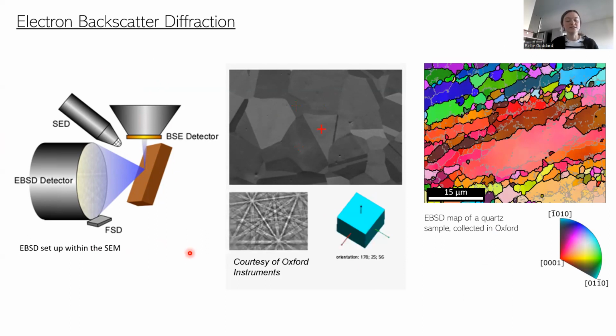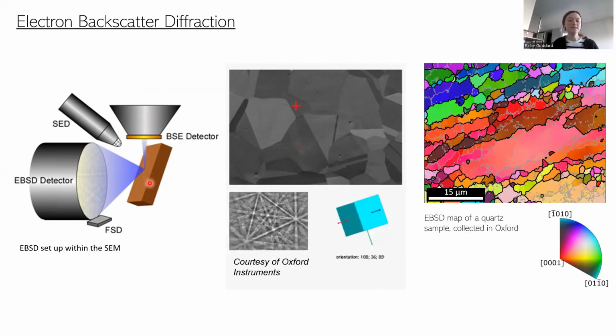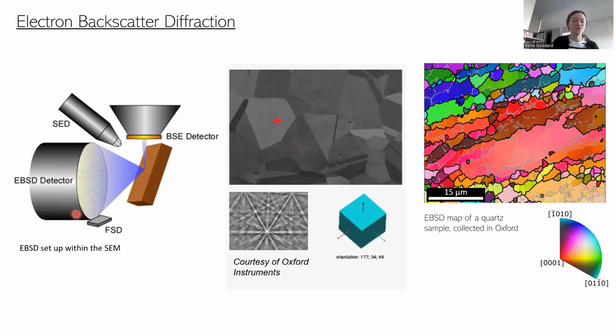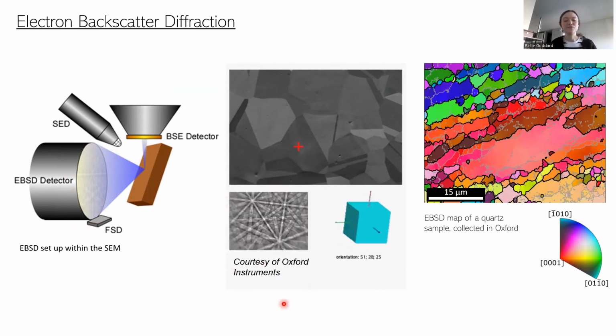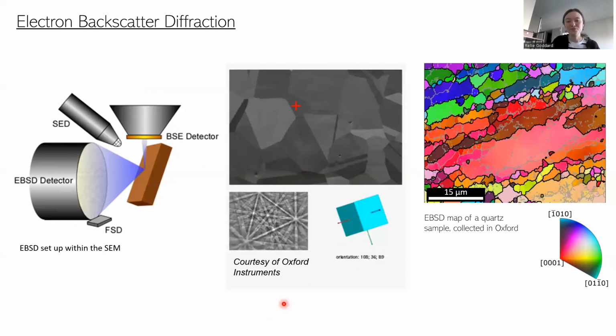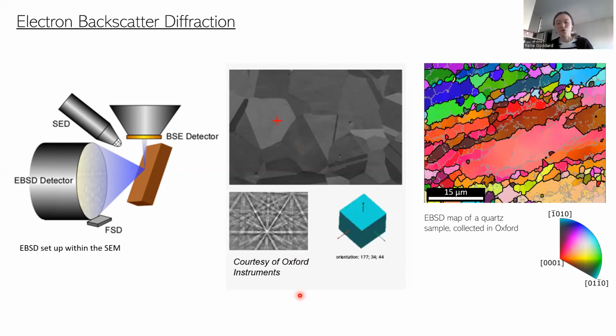This is set up within a scanning electron microscope, and you fire electrons at a sample that is tilted. They go into the crystal lattice and they're diffracted, and they're picked up on this phosphor screen, and you get diffraction patterns. And you can see this really nice schematic, or a little GIF, from Oxford Instruments, where it's going between different grains, and you can see that there are different diffraction patterns. And based on those diffraction bands, you're able to tell what phase it is and also the orientation.